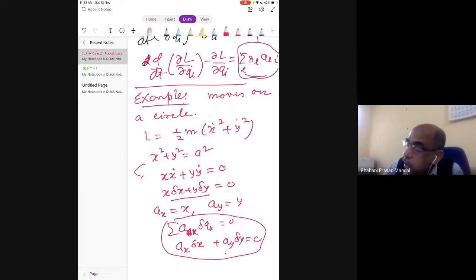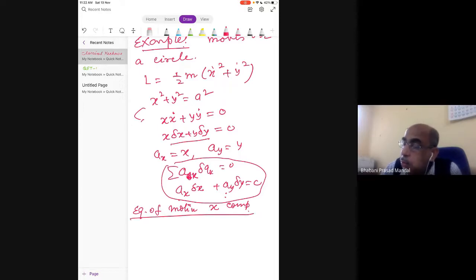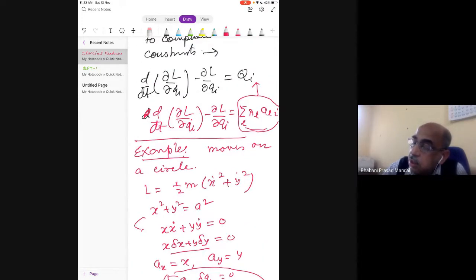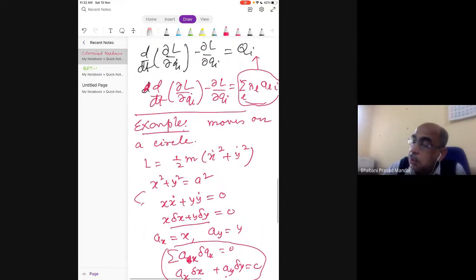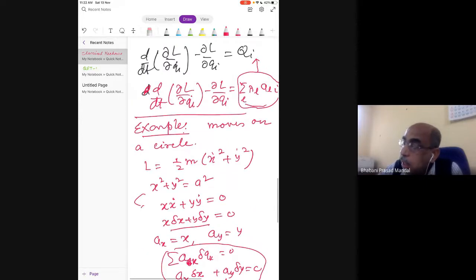So this is the equation. I compare with this, so I can find my a_x and a_y. First you calculate the equation of motion, for the x component. So first you look at d/dt of del L del x dot. Del L del x dot will be m x dot, then d/dt will be m x double dot. There is no such other term, and this equals lambda times a_l.